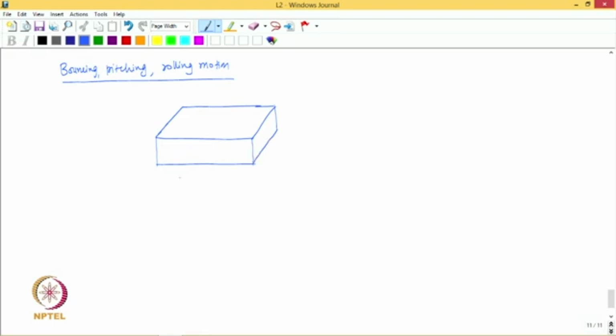And then we will have the 2 tires on the front side shown by these rigid masses like this, and then we have tires on the rear side shown by these 2 rigid masses.